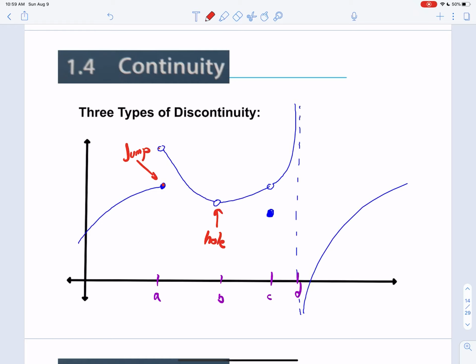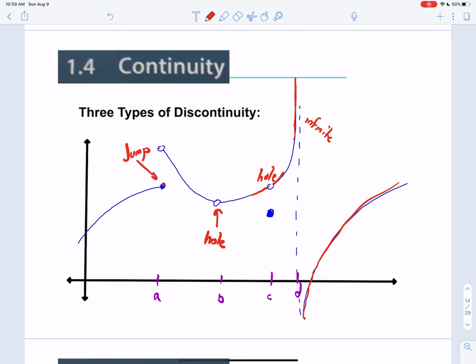Now, C, even though there's a defined point there, you would still consider this as a hole and not a jump. Okay? Kind of weird. Now, part D is your infinite because you approached an asymptote and then you had to continue right after that asymptote. It happens to be down here. Okay? Nothing too complex. You just have to identify it, know what type of discontinuity it is.